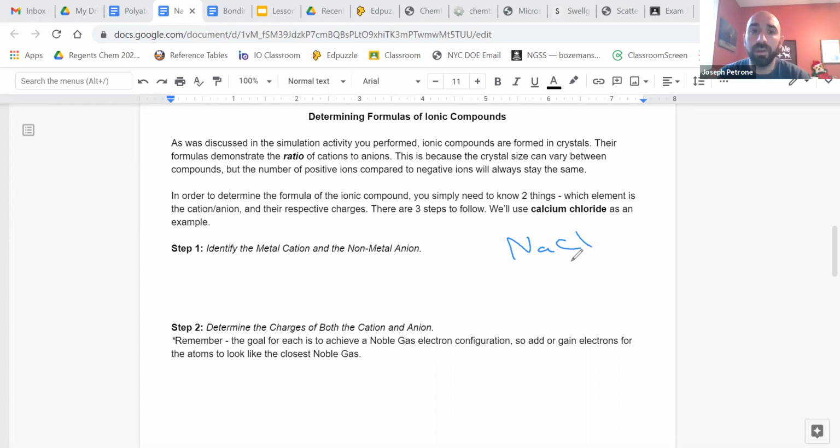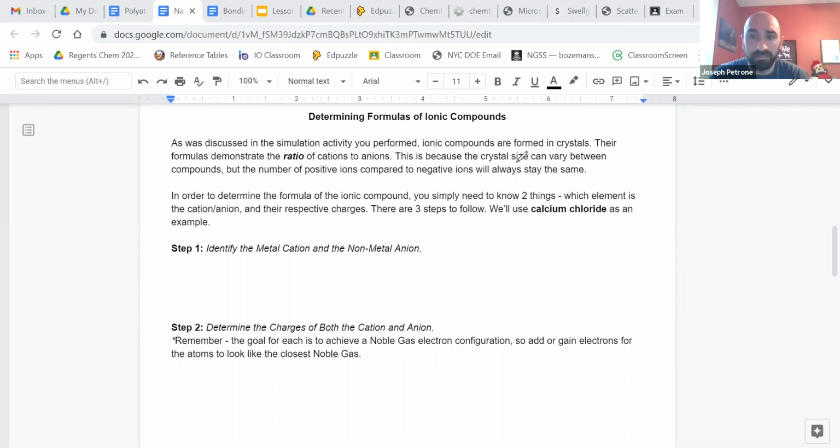I would see a whole crystal, a 3-dimensional form of multiple sodium ions and multiple chloride ions. So the formula of this crystal represents the ratio of the positively charged ions, so sodium in this case, because it's the metal, compared to the negatively charged ions, the chlorine, the chloride.